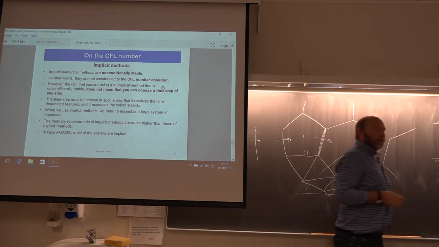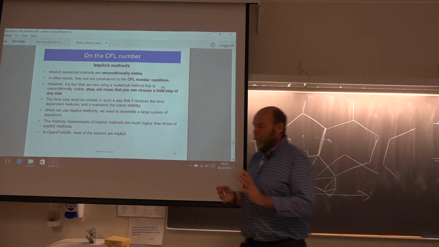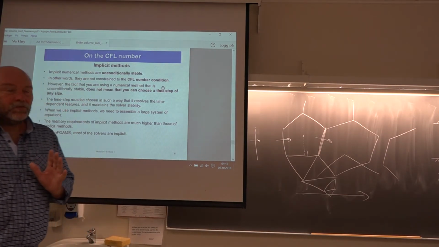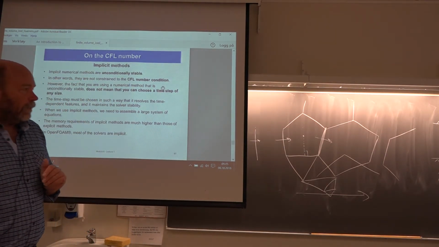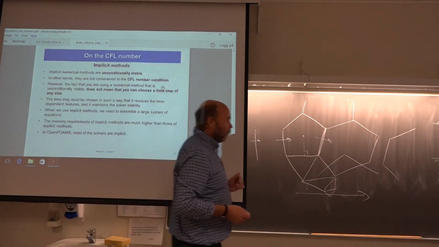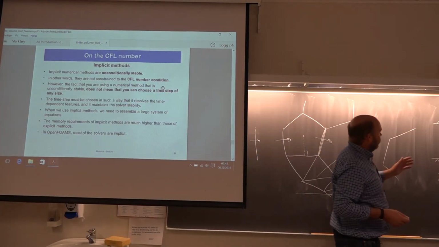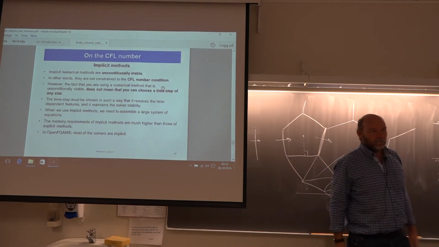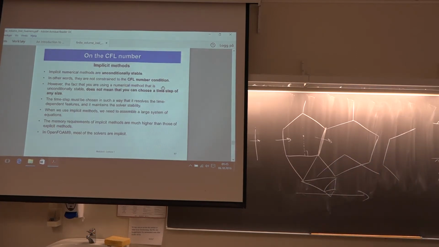You could get totally crazy solutions. Remember, it's still only a first order accurate method in time, meaning you have an error of order delta t. If you choose a large delta t, you get a large error. It goes without saying. So, implicit methods, use them with care. You can get very stupid results.